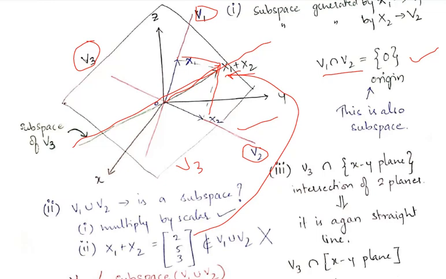Considering the two faces of the book, the front and the back side, one side is one plane and the other side is one more plane. When you intersect two planes, it is always a straight line, right? V3 is also a plane subspace, not a line subspace, intersecting with the XY plane.